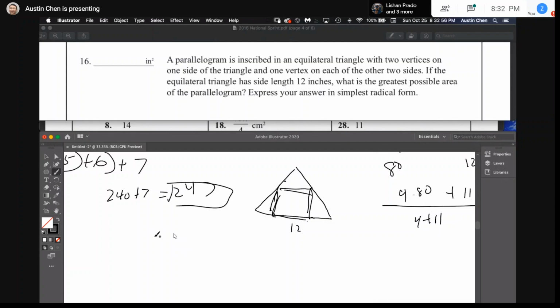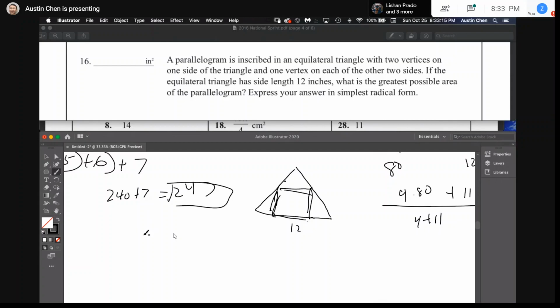Now, think about what that means. That means that the parallelogram always has to be a rectangle, because if this side is parallel, then you can't have it slanted at all.